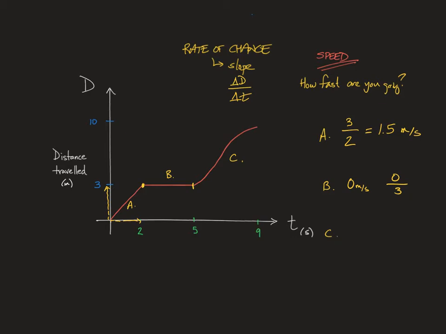We examine that part C, that segment C, and we notice that it started here and it finished here. Well, we've already dealt with that part, so we notice that we've traveled a distance of 7, and it took us 4 seconds. The biggest part that I want us to get to is that we don't have a line for segment C, that we have a curve.